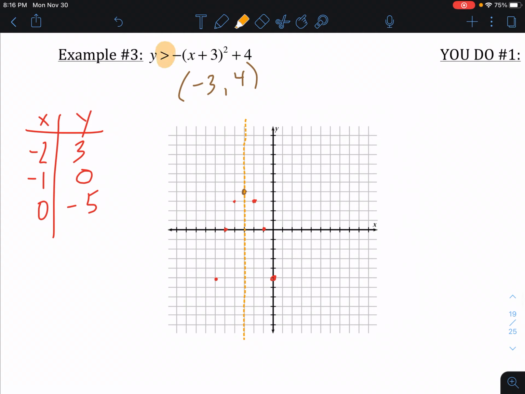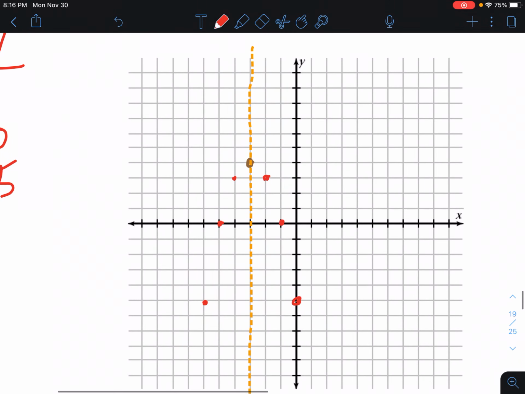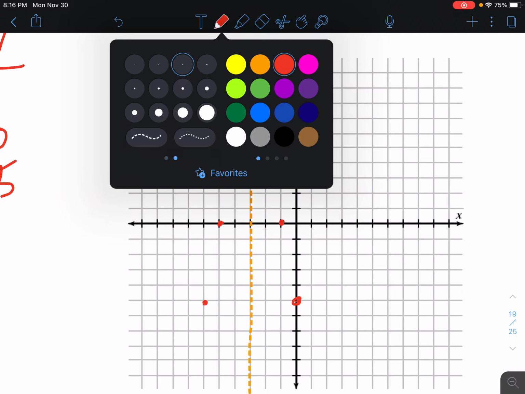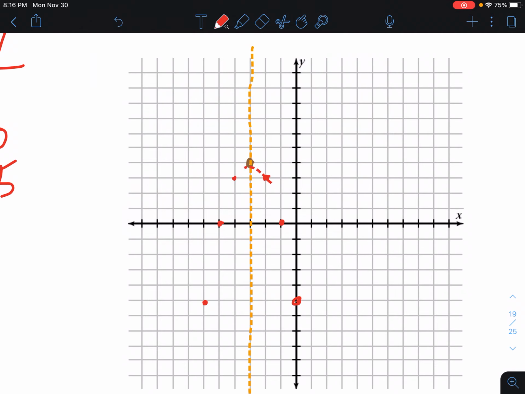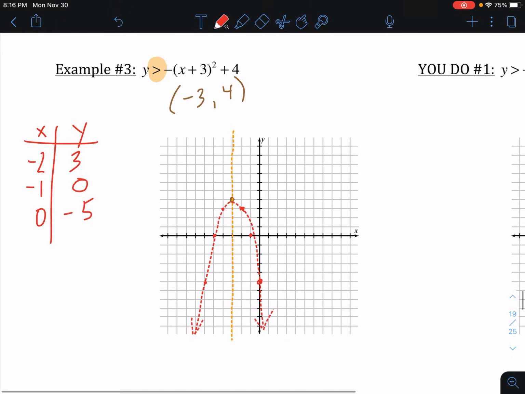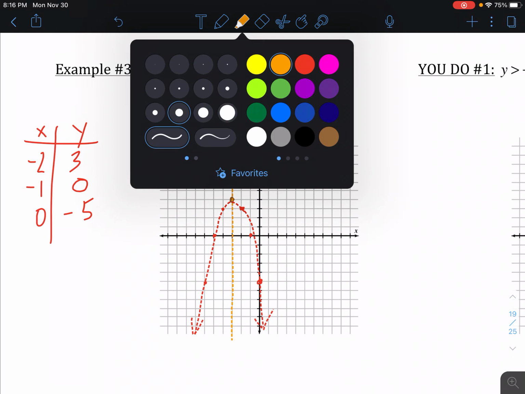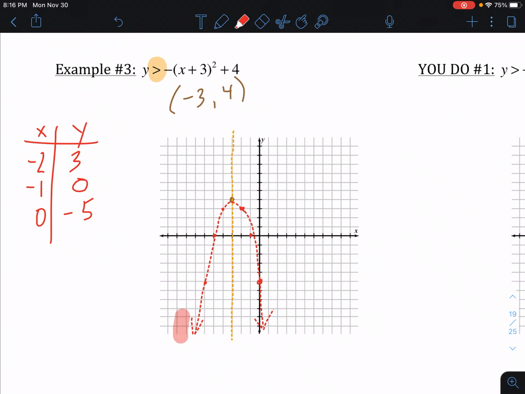We have no underline. This is greater than, so that's going to be the dashed line. Wrong one. Dashed line. And the shading, it's a greater than, so that would be above the parabola.